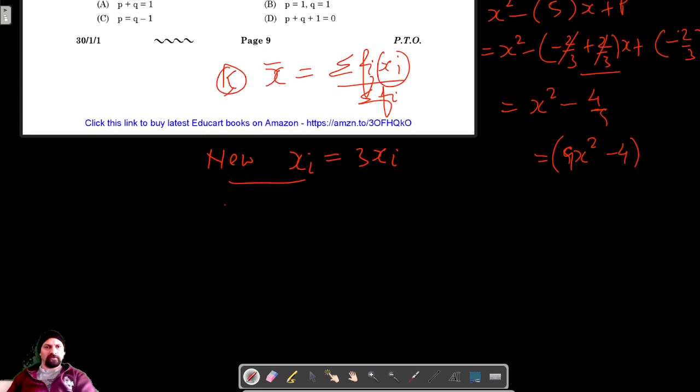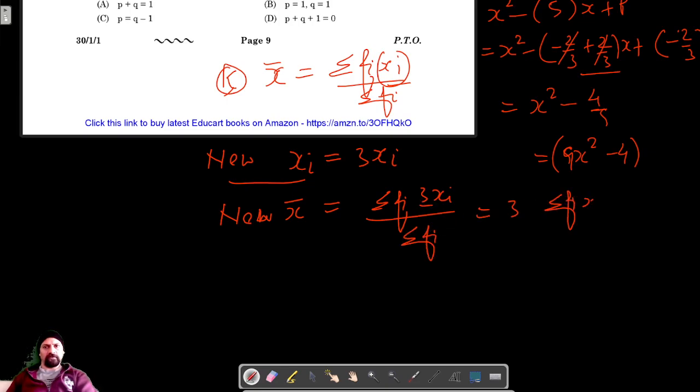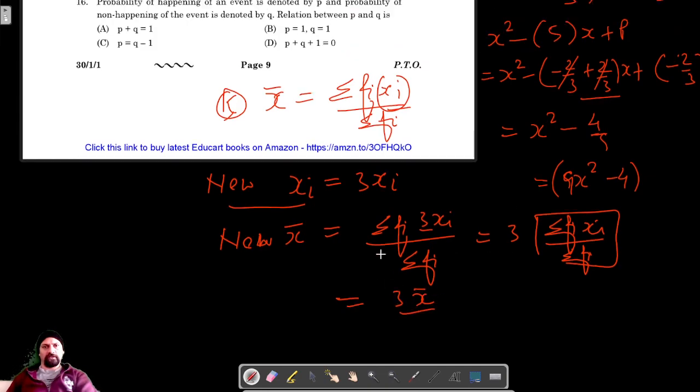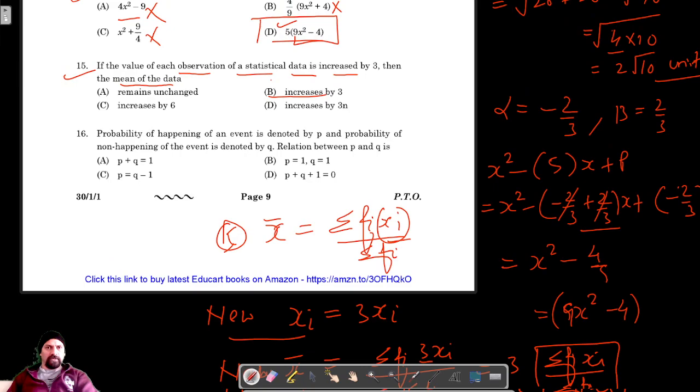So the new mean would be sigma fi into 3 times the old observation by sigma fi. 3 is a constant, so it comes out. This is 3 sigma fi xi by sigma fi, and this is the mean. So the new mean is 3 times the old mean. So increases by 3 times is the correct option.